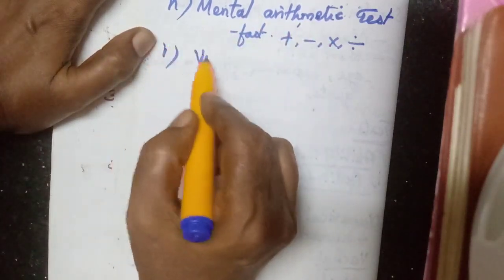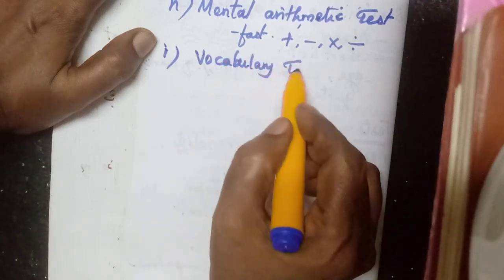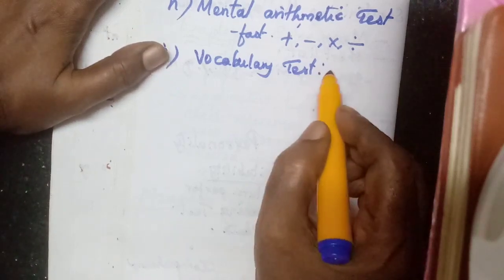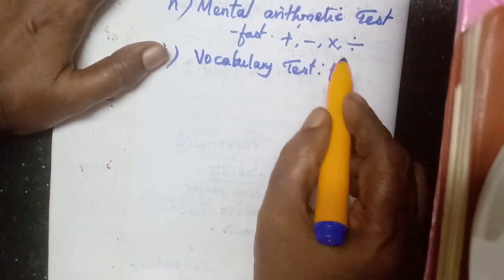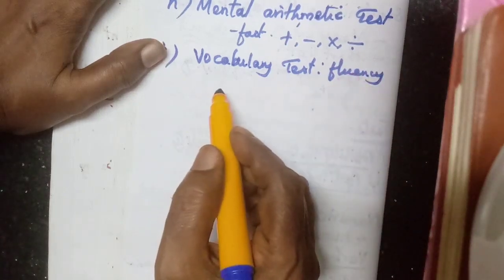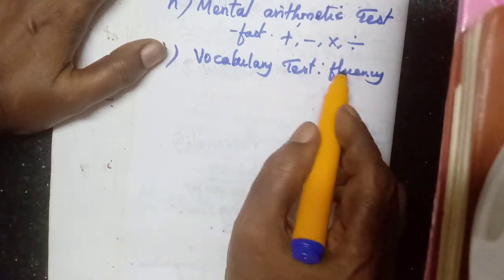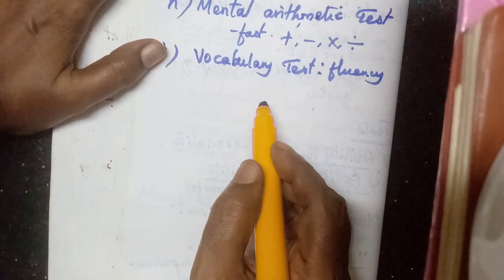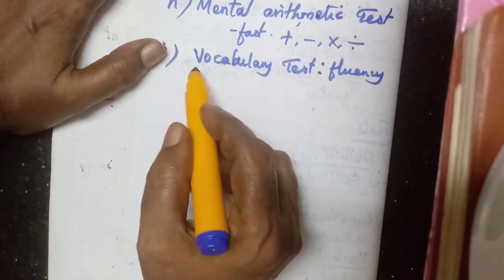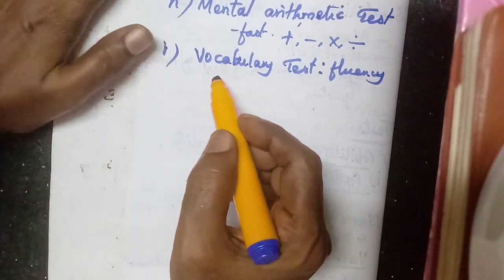Then vocabulary test, whether that person is able to speak, whether fluency is there in English. They will never ask them to write a paragraph, but they will check whether they know grammar.